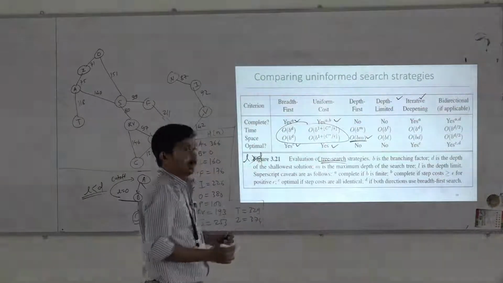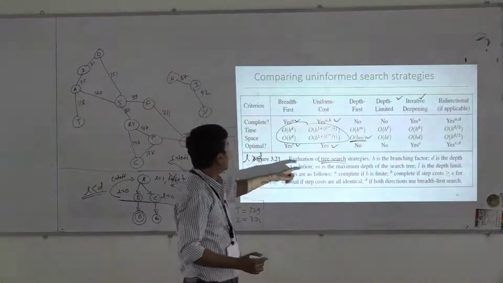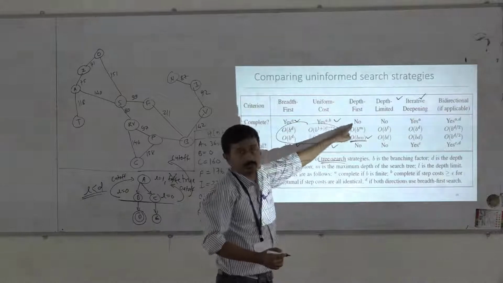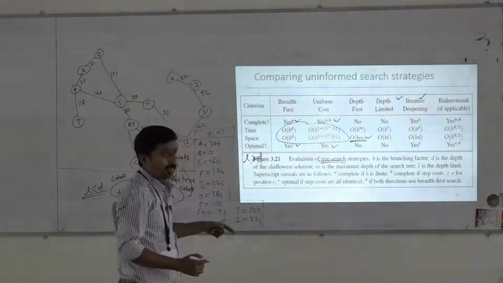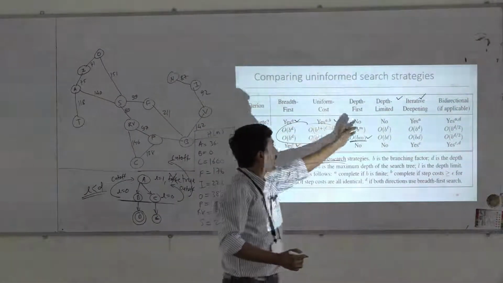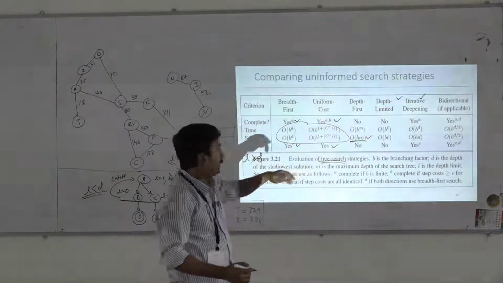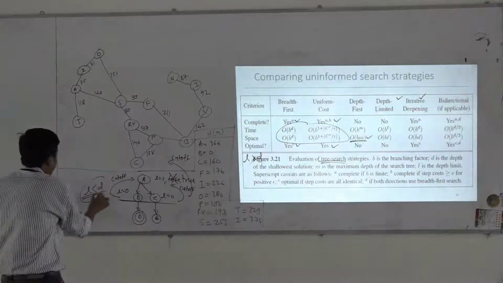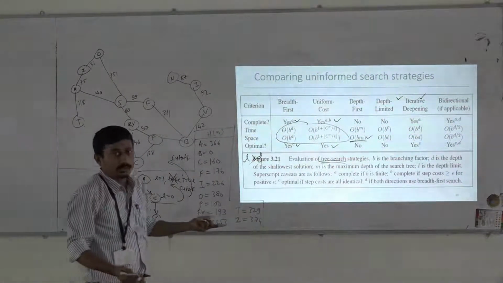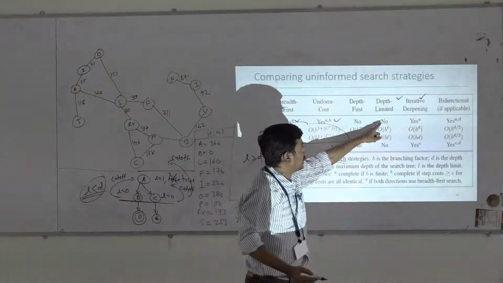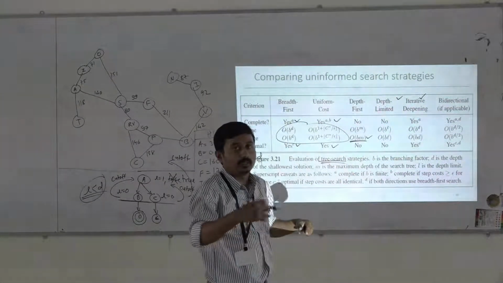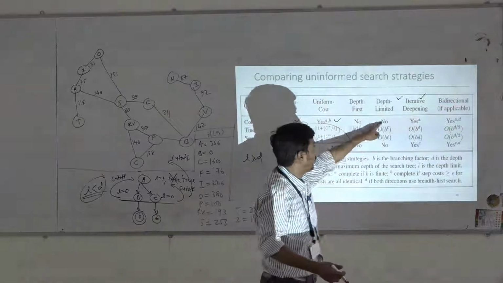But we have seen that the tree version of depth first search is not complete. That's why we came up with the DLS. But in this case it is also not complete for all the cases, so that's why we are mentioning no here.